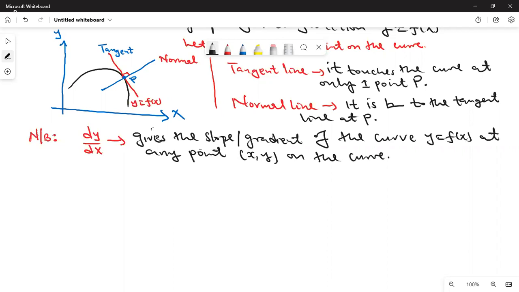So dy/dx is the rate of change, or simply the gradient of that curve at point x, y.